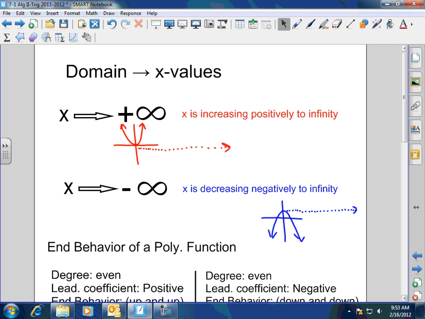The x is increasing and the y is decreasing. The x is also decreasing to negative infinity this way, right here. Well, it depends on how you look at it. Actually, I should not have done that one. Negative infinity, we're talking about this side. As this graph keeps going little by little, my x is getting smaller and smaller, correct?